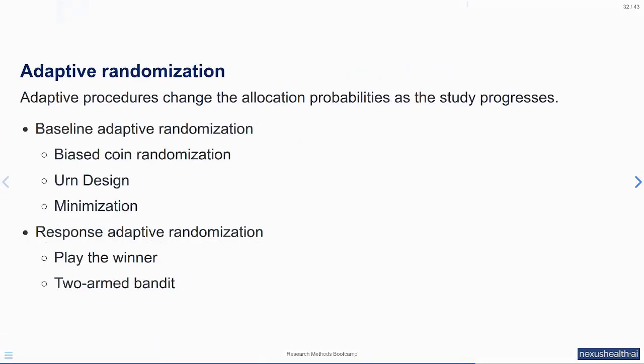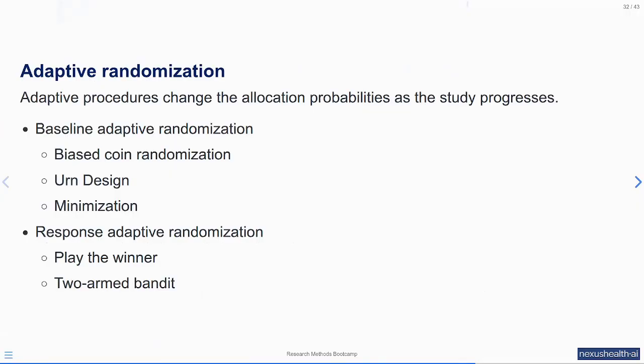Adaptive randomization. Adaptive procedures change the allocation probabilities as the study progresses. And so this is the contrast with the fixed allocation methods, where the probability does not change as the study progresses. In adaptive randomization, this probability changes as the study progresses. And there are several methods.